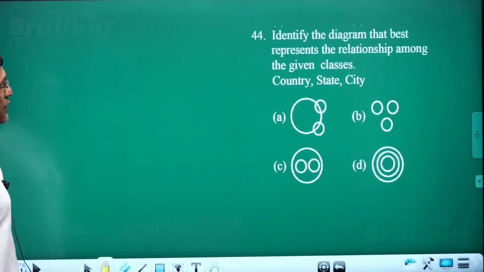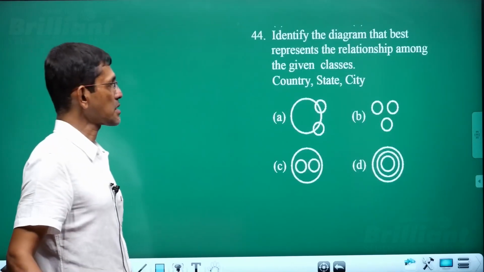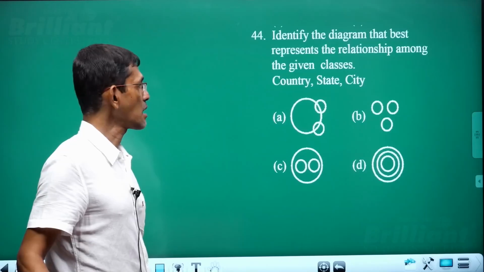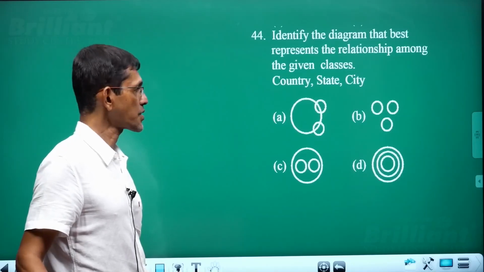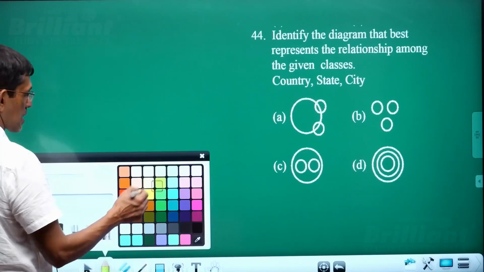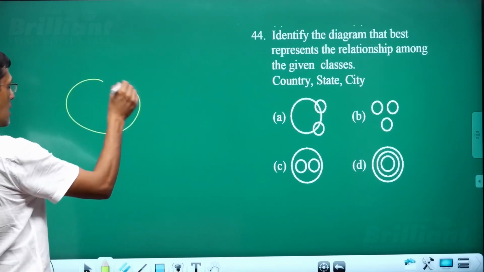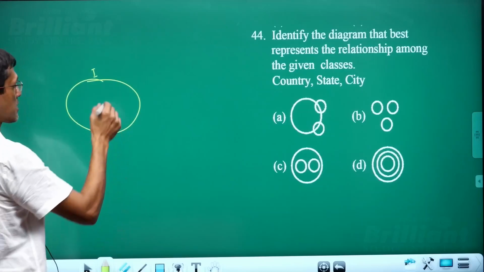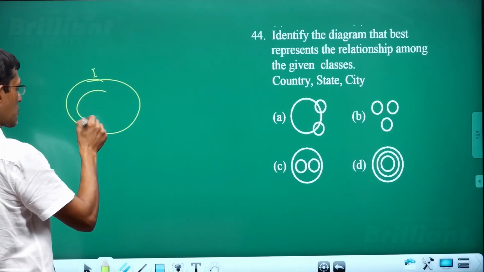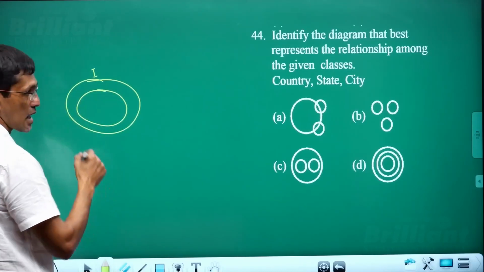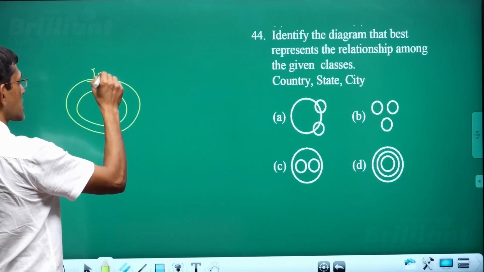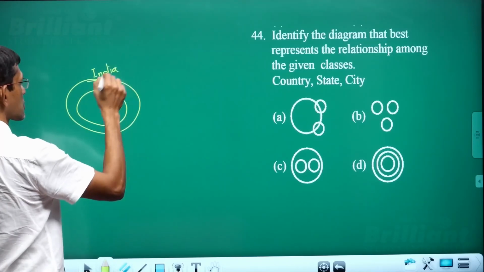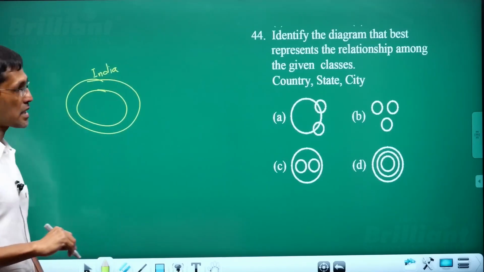Done. 44. Identify the diagram that best represents the relation among the given classes: country, state and city. Well, country, so let's say India. State, Kerala or Tamil Nadu or whatever it is. So state is inside the country. Then city.